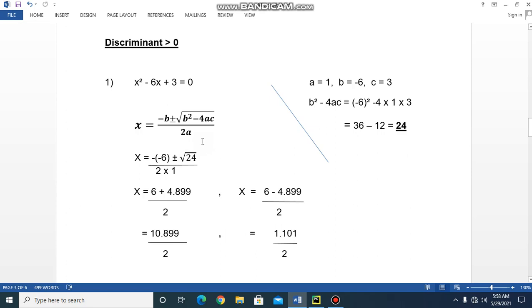Now we will apply this in the formula here. b is minus 6, so minus of minus 6, then plus or minus, and b square minus 4ac we have calculated is 24, so I am putting 24 here. Divide by 2 into a, and 2 into a is 2 into 1.